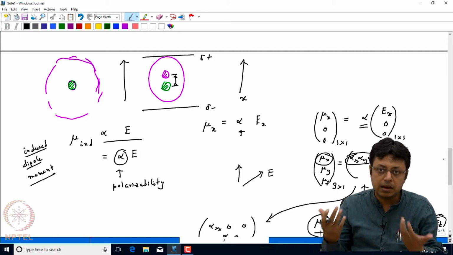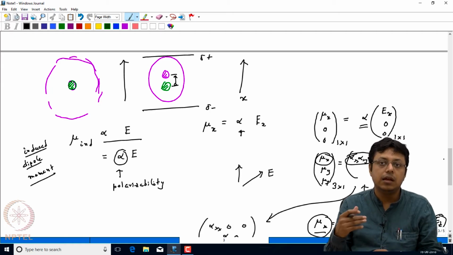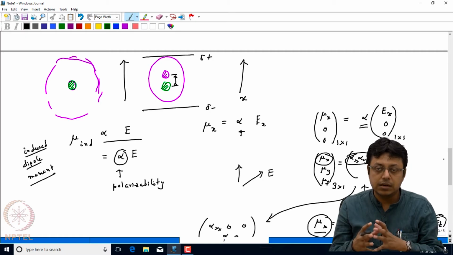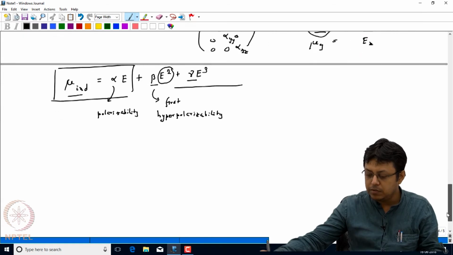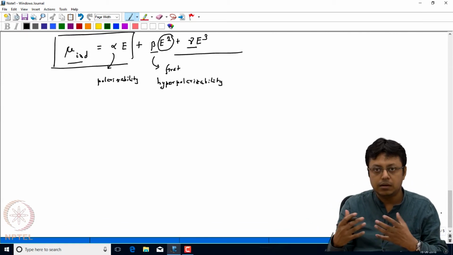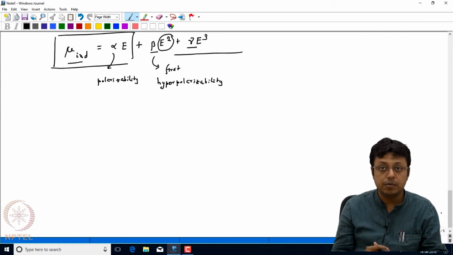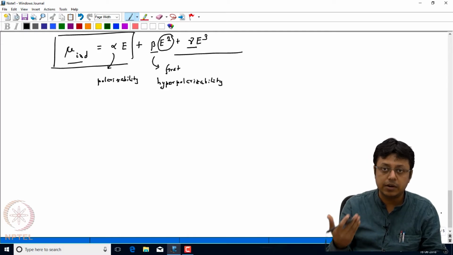There we make an approximation which is known as the induced dipole approximation, because we only consider the electric field of the light to affect the dipole moment, and there we talk about the creation of the induced dipole moment as an electric dipole moment.